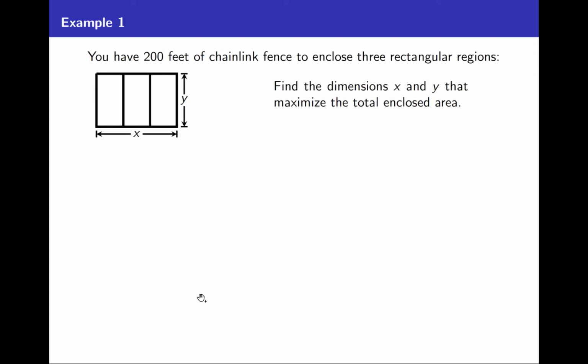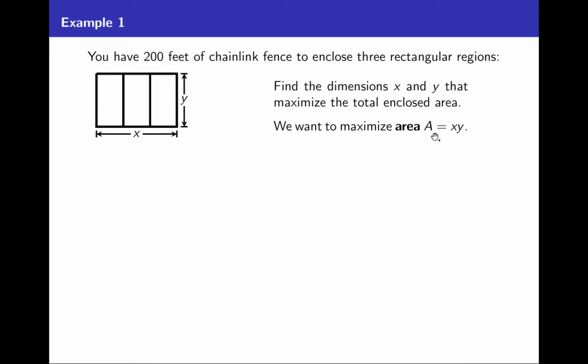Let's think about that. I've restated the problem up here at the top. You've got 200 feet of chain link fence to enclose 3 rectangular regions as illustrated, and we want to find the dimensions x and y that maximize the total enclosed area. In other words, we want to maximize the area A, which is x times y.